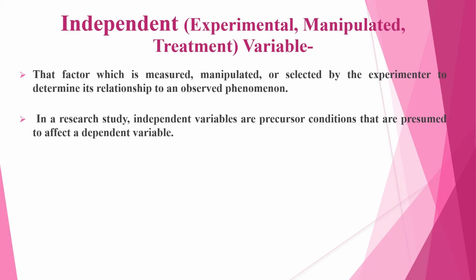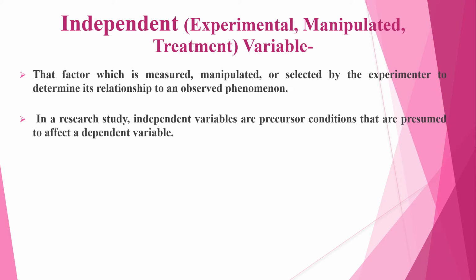So he changes that factor which can affect changes in the other factor. He already has this notion of what the major factor is that changes the other things. He picks up that factor and manipulates it, and when he uses it in his research, it becomes his independent variable.